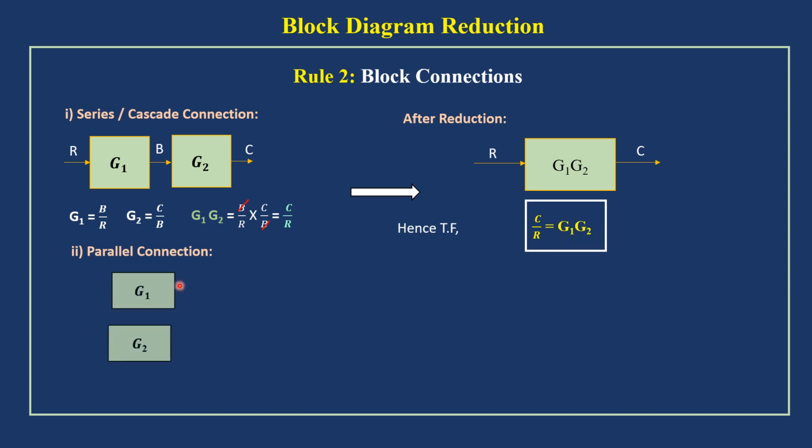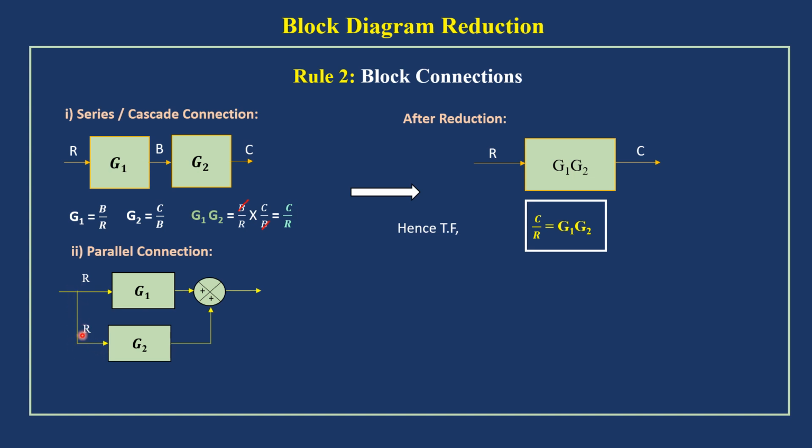And about the parallel connection, if G1 and G2 are connected in parallel using the summing point like this. Here I have termed input as R, output as C. So this is the takeoff point from the input signal flow.